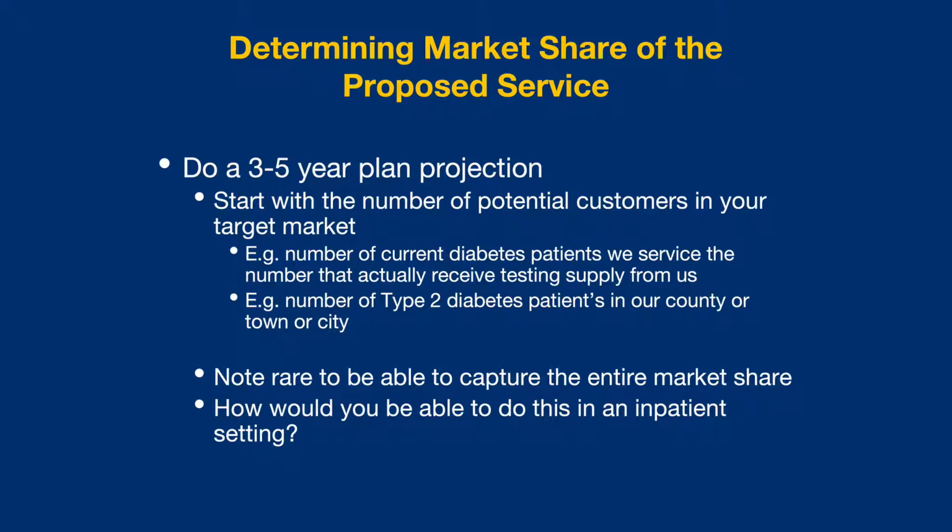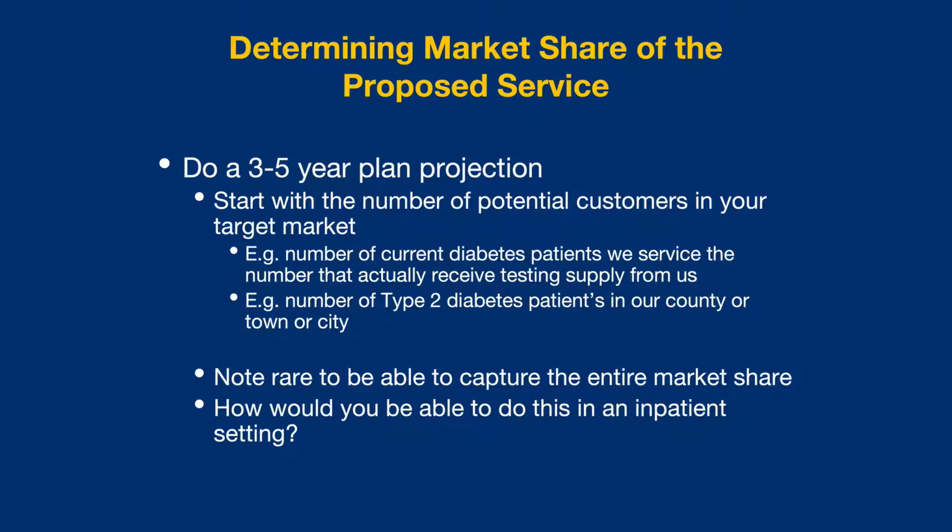scenario. So, for example, if I was doing a diabetes program, which I hope would actually improve patients' testing, and I was doing this at a community pharmacy, I could run a report of how many patients I have that are diabetic based upon the medicines they receive.